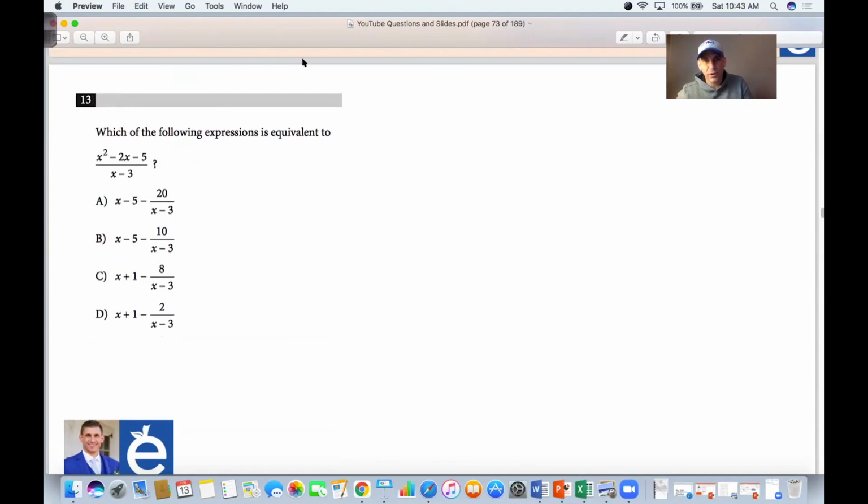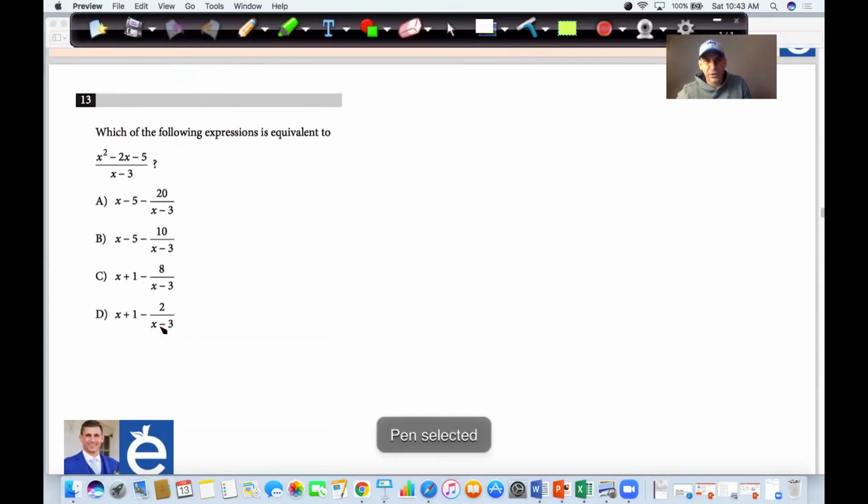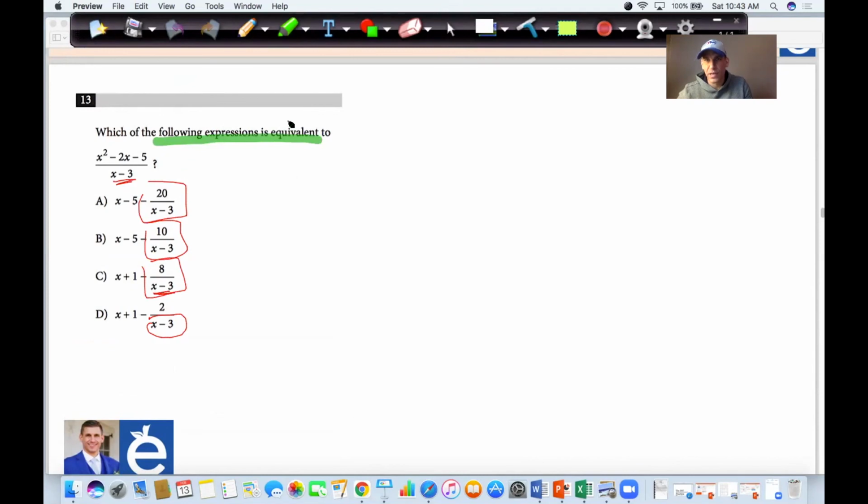So this part here is a huge idea that this is synthetic division, right? Because this is over the original, that's probably where the idea of using synthetic division is coming from. Because I see the verbiage, which of the following expressions is equivalent, I immediately know that if I get stuck, I can plug in a number, right?